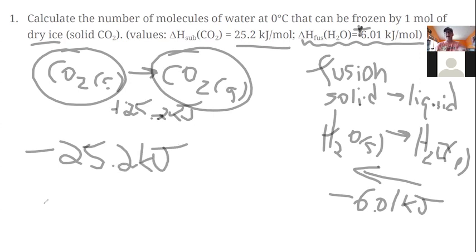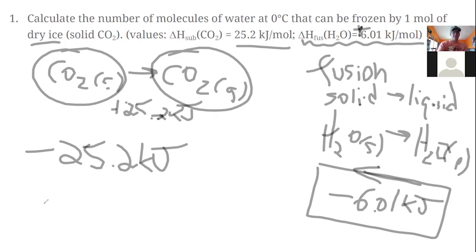So if I have that much heat removed when dry ice turns into a gas, and I need this much heat removed to turn liquid water into a solid, how many moles of water can I freeze then? So you would divide 25.2 by 6.01. That's right.